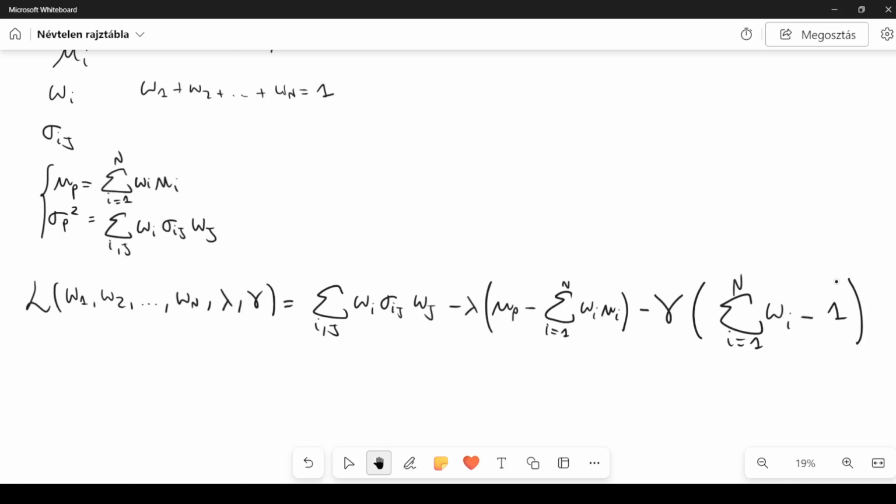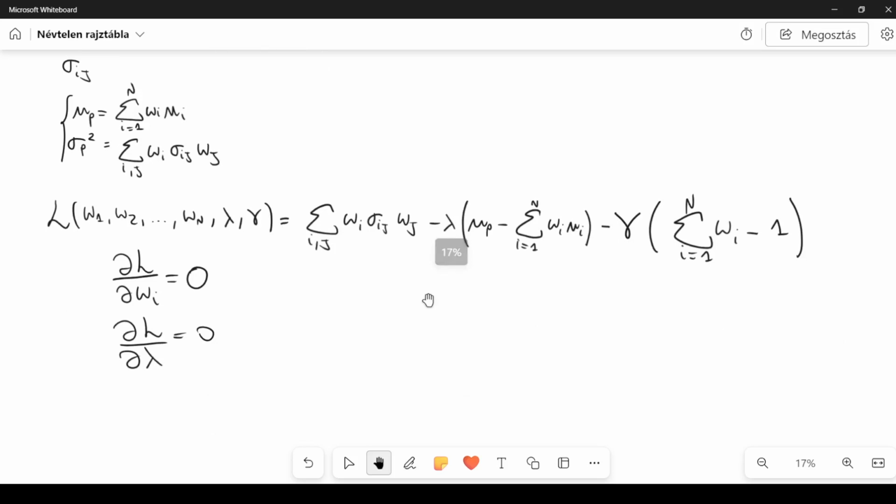Now that we have written the problem in this fashion, what we have to do is take the partial derivatives of L with respect to the omega_i coefficients and set them equal to 0. And then we also have to take the derivative with respect to lambda, set it equal to 0, and also the derivative with respect to gamma, and set it equal to 0.